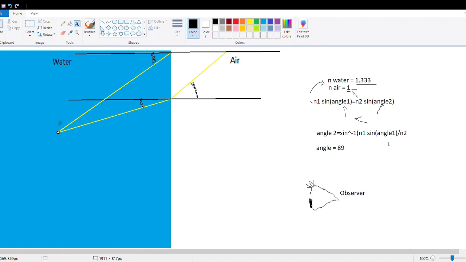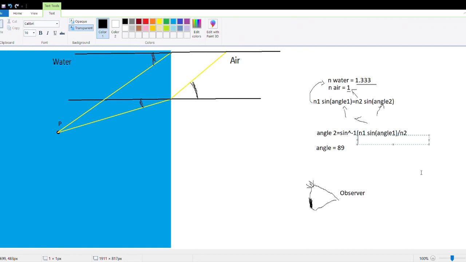We have sine to the power of minus 1 of n1 times sine of angle 1, so we have 1.33 times sine of 89, which is actually 0.9994847.